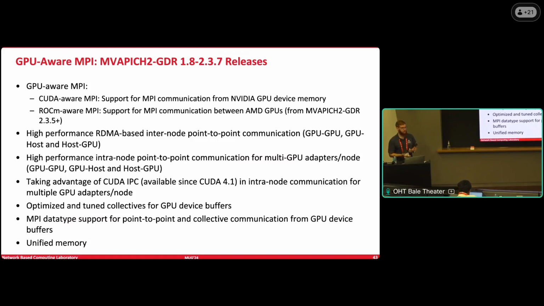And it can also take advantage of CUDA IPC and AMD HIP IPC to directly transfer larger messages between GPUs, and has optimized collectives for GPU buffers that can take advantage of all of these things in a collective-specific context rather than just relying on the point-to-point technologies.